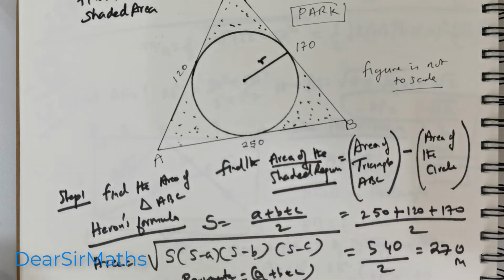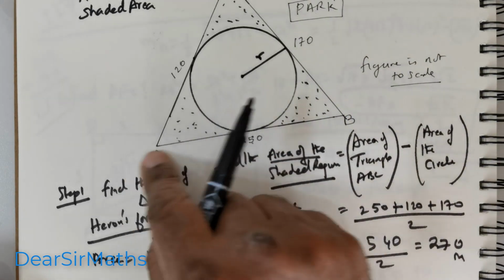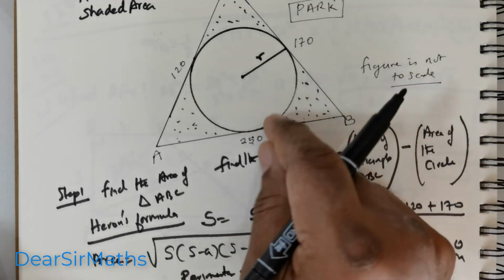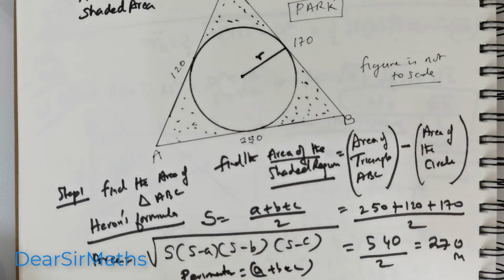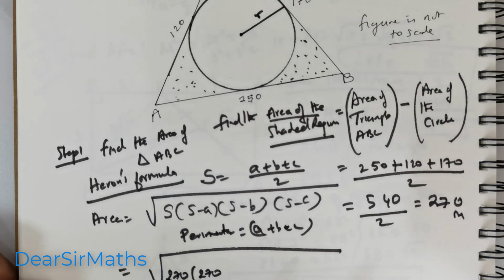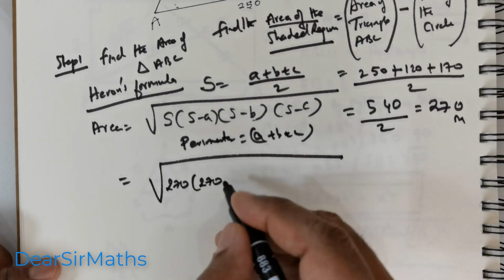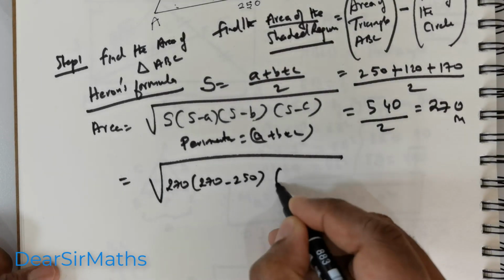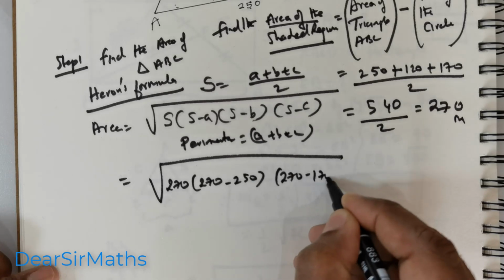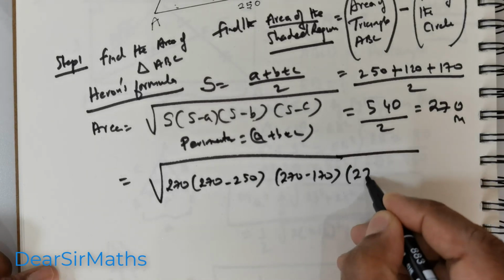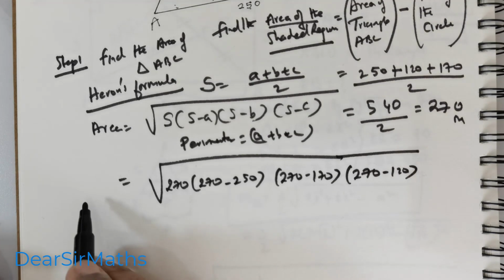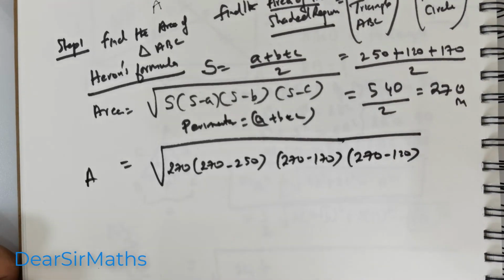It doesn't matter which order you're going to place. At the end of the day, all these sides have to be subtracted from 270, right? So 270 minus 250, 270 minus 170, 270 minus 120.